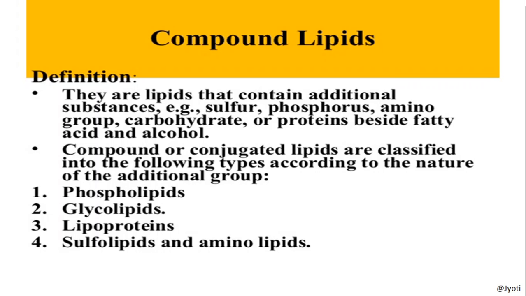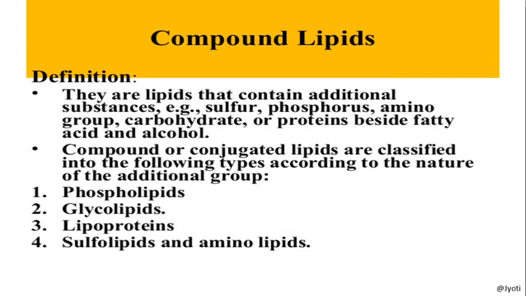We have discussed that waxes and neutral lipids are the simple lipids, which are composed of alcohol, that is polyhydric alcohol or monohydric alcohol, along with fatty acid. But what are compound lipids?